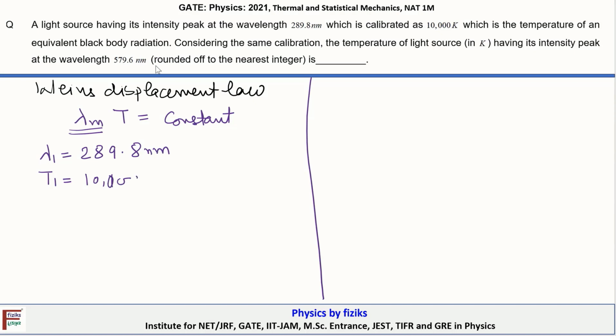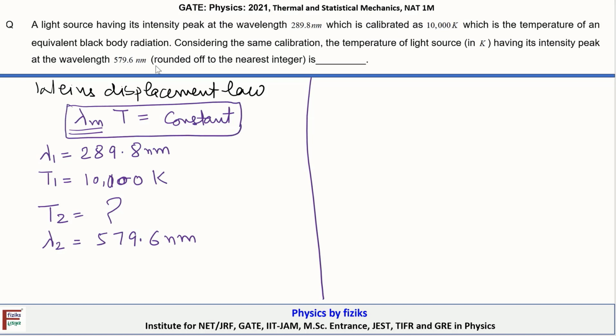And we have to find out the corresponding temperature T2, and lambda 2 is given as 579.6 nanometer. Just by making use of this result, we can find out the second temperature. That means lambda T is equal to constant. This implies lambda 1 T1 is equal to lambda 2 T2.